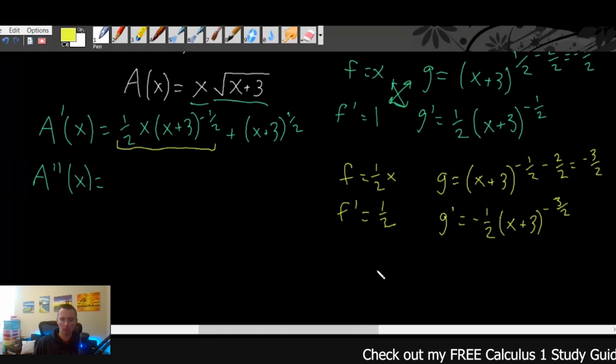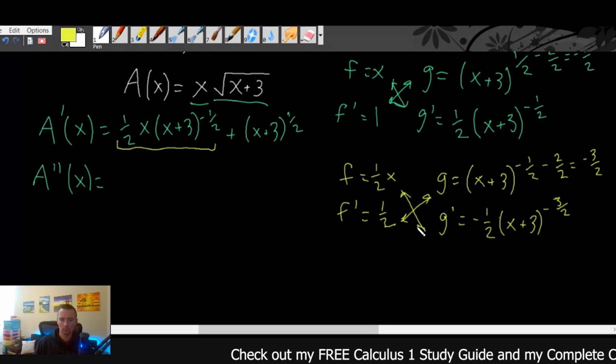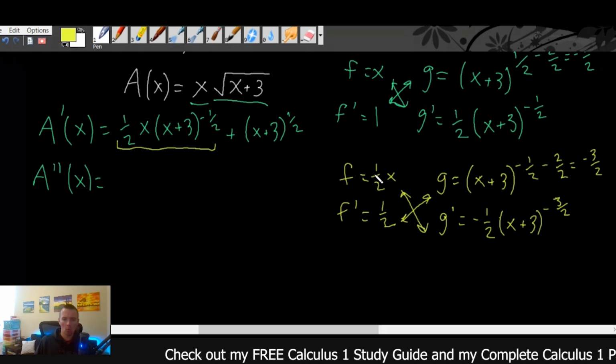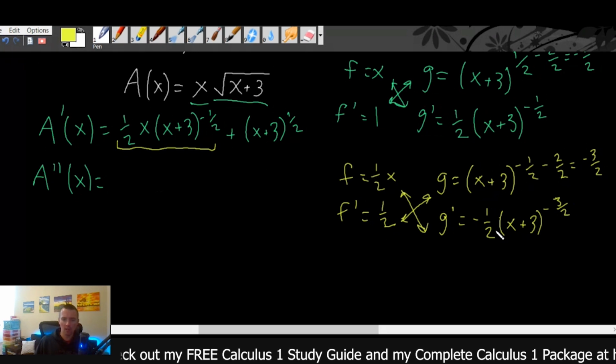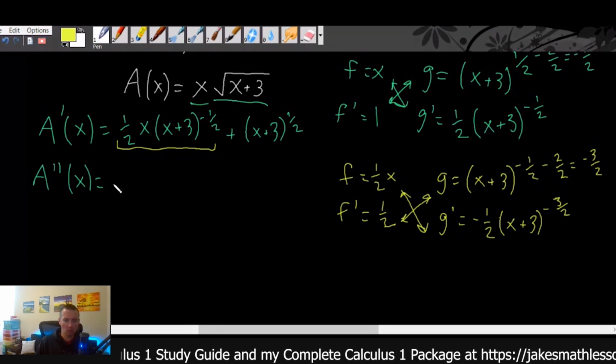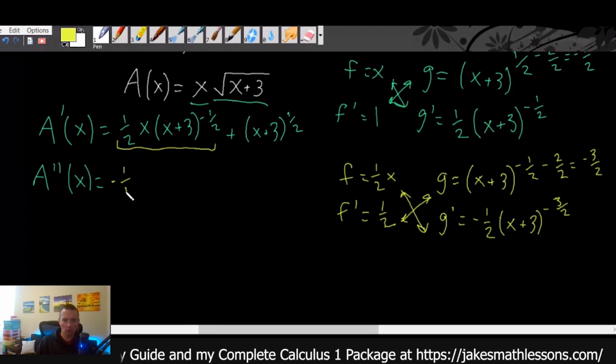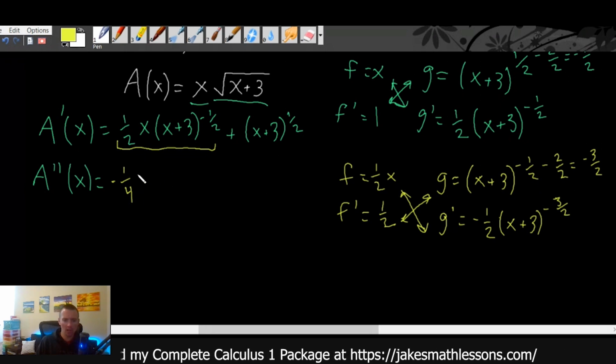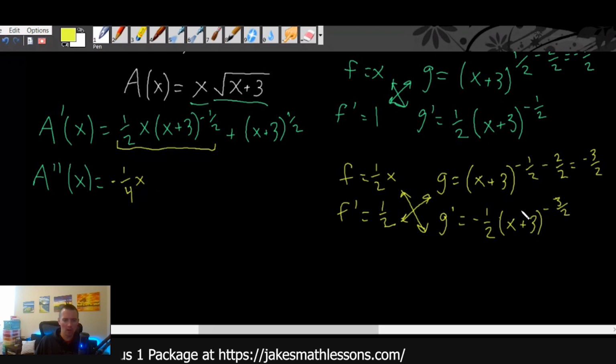And then product rule says, again, we're going to cross multiply these. So 1/2 x times negative 1/2 x plus 3 to the negative 3 halves. Those 1/2s are going to form a negative 1/4. Then we have an x, and then x plus 3 to the negative 3 halves.